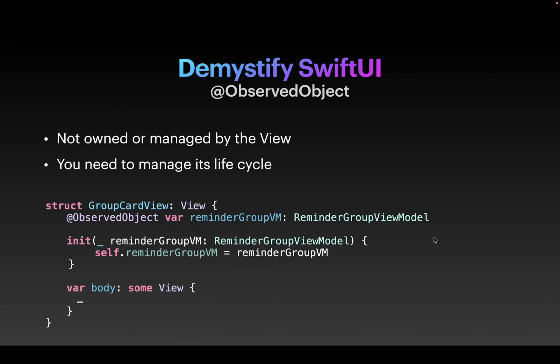When you have an @ObservedObject, you usually want to pass it from the caller. In this case, I have an initializer, and I take a ReminderGroupViewModel. This is the observed object, and it is passed from the parent view.